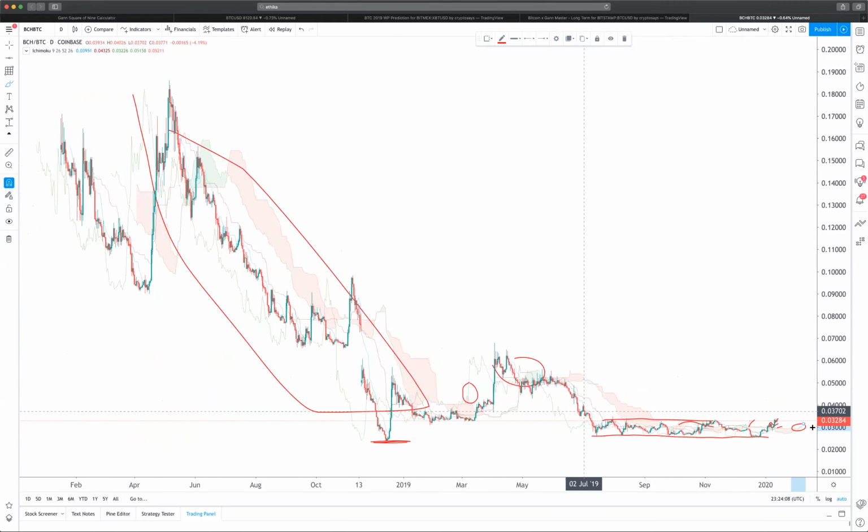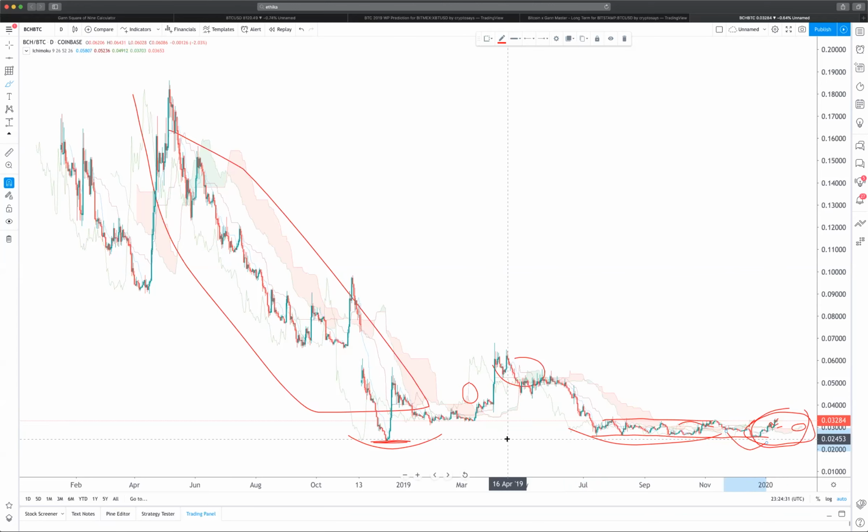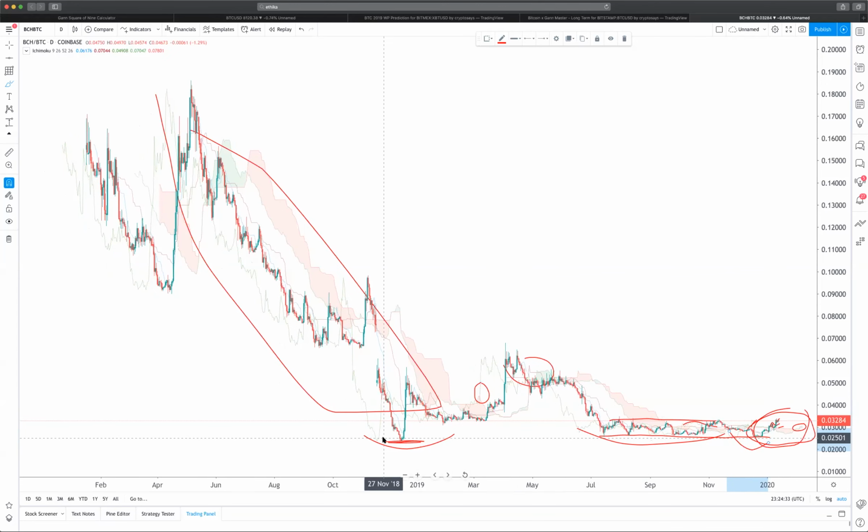So this is a very bullish signal right now for Bitcoin Cash because it's coming out of a long accumulation and a bull signal here, and possibly what we can call a double bottom. Gann says, basically December 2019, that you should never ignore double bottoms that have at least 6 months to 1 year of gap between each other.